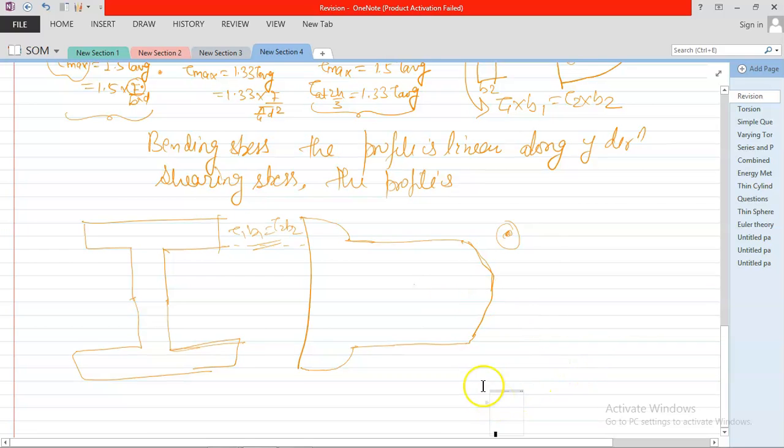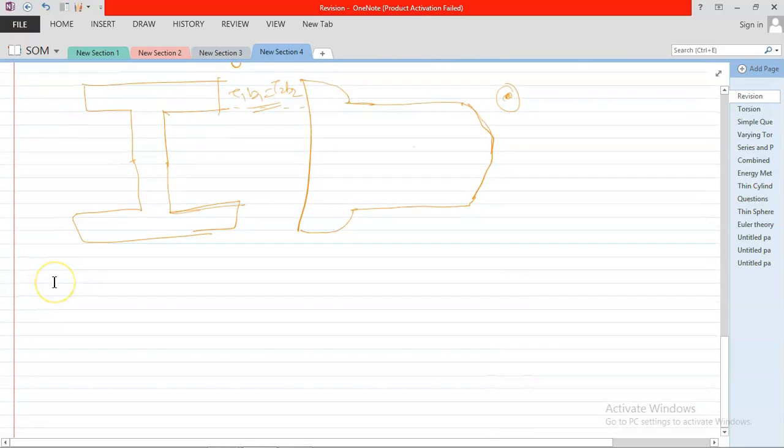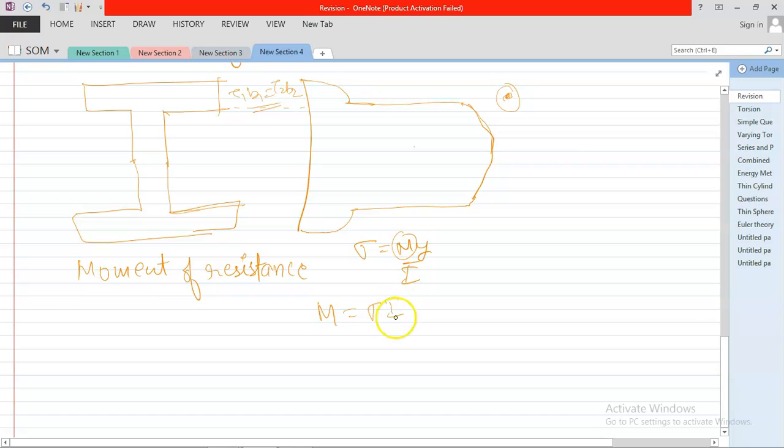Also, in beams, in bending stress, there is a concept called moment of resistance. Suppose we consider this equation but take M to the other side: M is equal to sigma I by y.